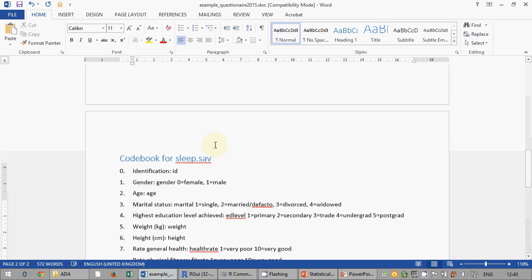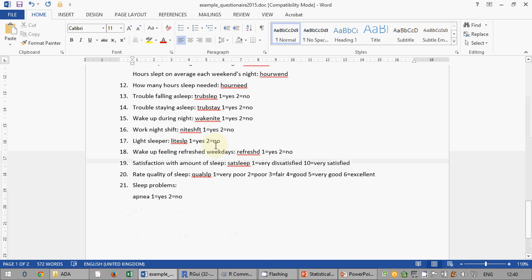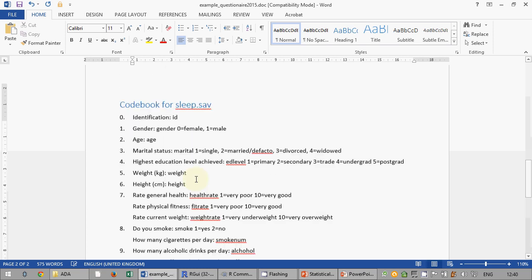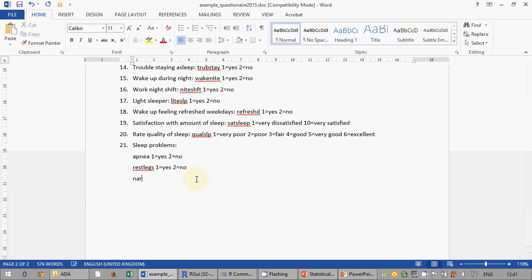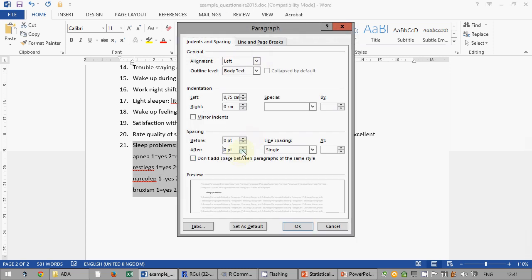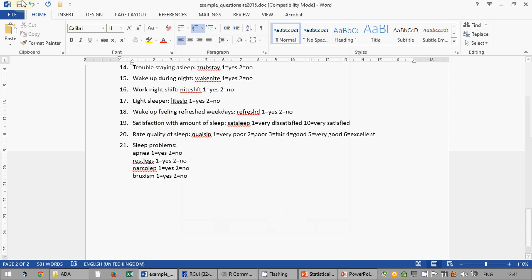The second one is restless legs. So rest legs. Narcolepsy and bruxism. Bruxism. Okay, much better.